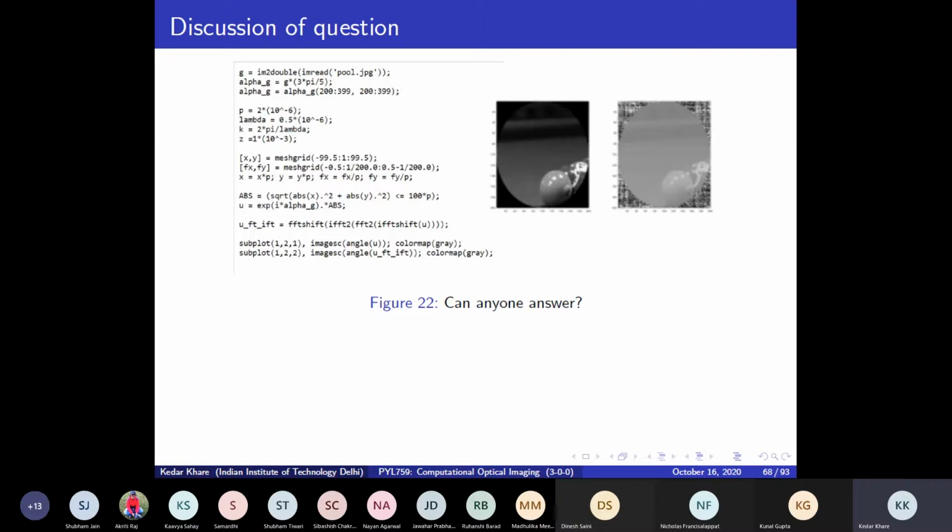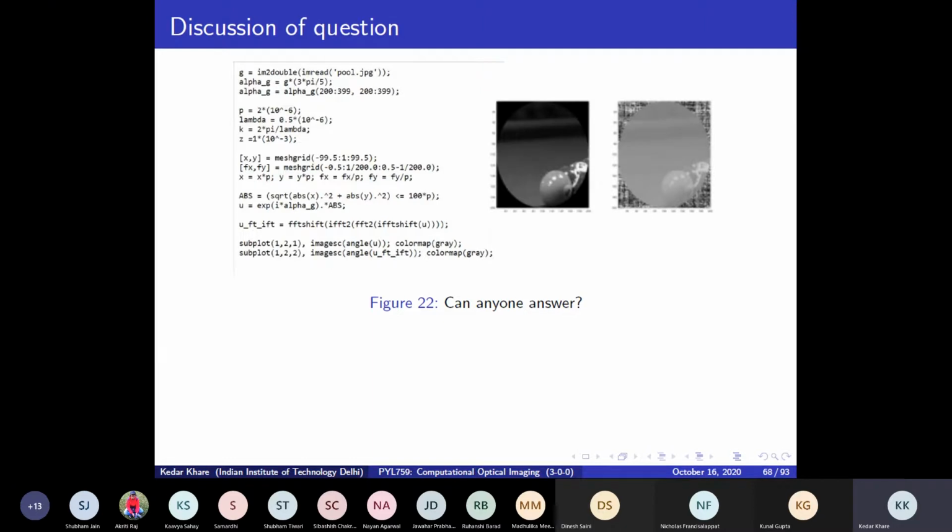Then there is an action of FFT2 and IFFT2 one after the other. This is not what I've asked in the assignment, but the student has actually done FFT2, IFFT2, and you would generally expect that the result is the same, isn't it?